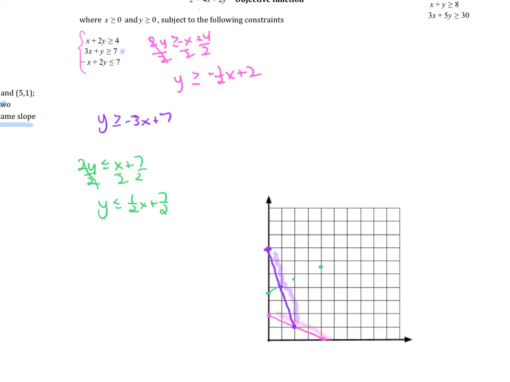So it's doing this here. And then it is less than, so I'm going to shade below that line. So therefore my solution region, I will shade it all in, will be here.